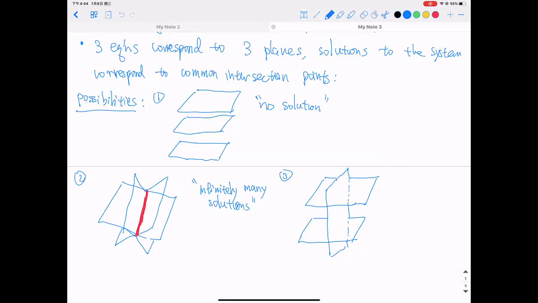So let's see. So this top plane and the vertical plane here, they intersect along this line. And this bottom plane and this vertical plane, they intersect along this red line. But these two lines don't intersect. So as far as common intersection points for the three planes are concerned, there's no solution.